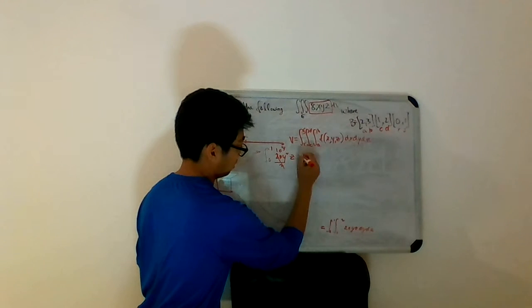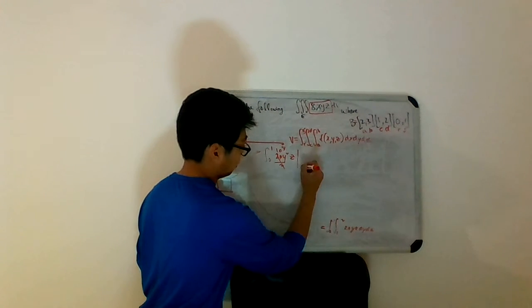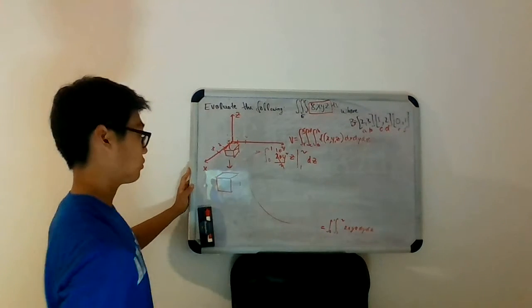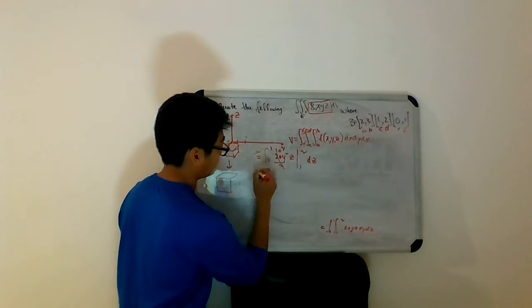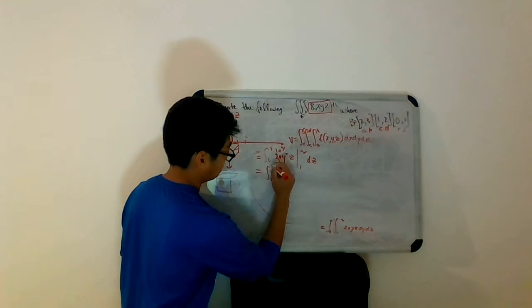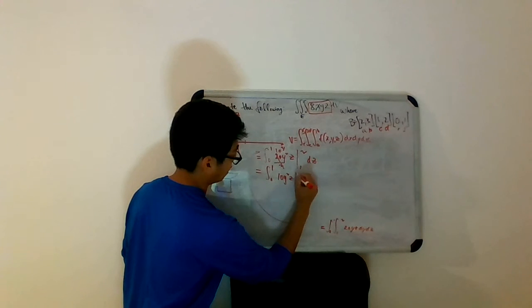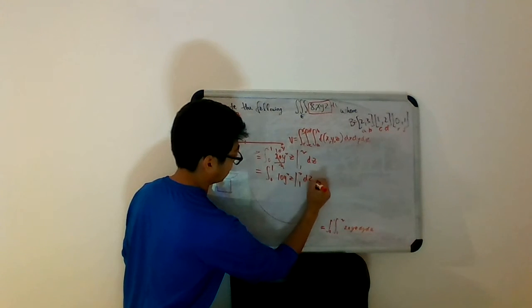Then y from 1 to 2, and then with respect to z. That can be written as 10y squared z, from 1 to 2, dz.